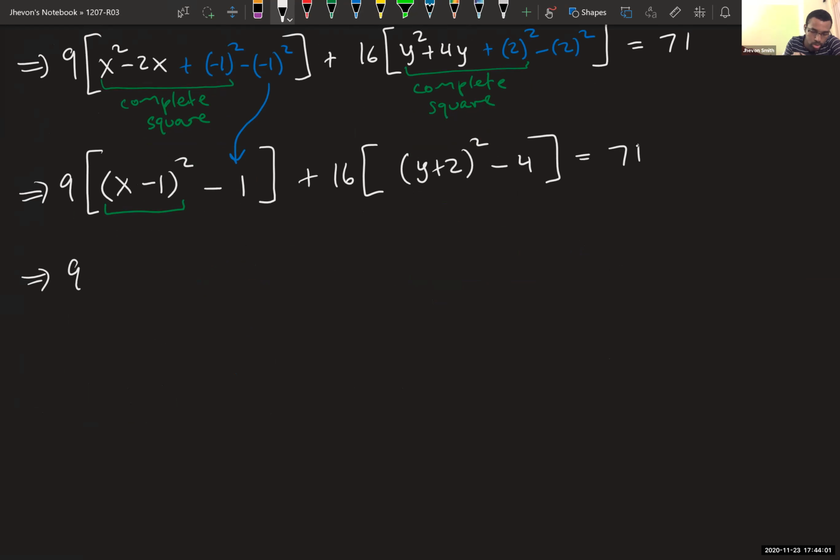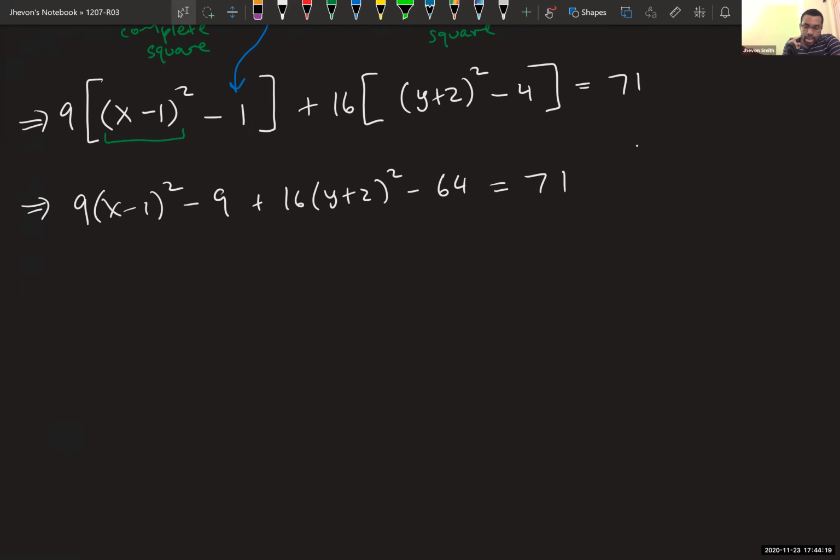Now multiply it back out. So it's going to be 9 times (x - 1) all squared, -9, plus 16 times (y + 2) all squared, minus, is that a 64 again? Okay, so I have a -9 - 64. What is that, -73? Anyway, let me just move them over and add, rather than add 2 negatives.